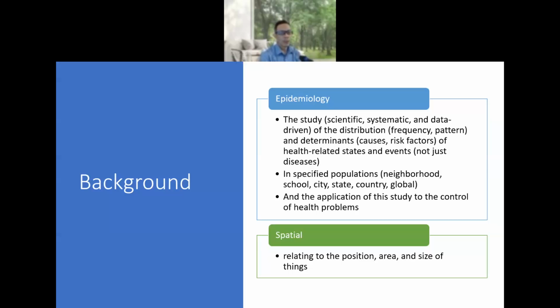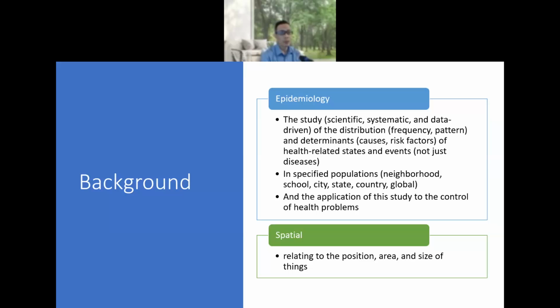So a little bit of background of spatial epidemiology. We know that epidemiology is the study, either scientific, systematic, or data-driven, of the distribution, meaning the frequency or pattern, of diseases and determinants, the causes and risk factors, of health-related states and events, not just diseases.